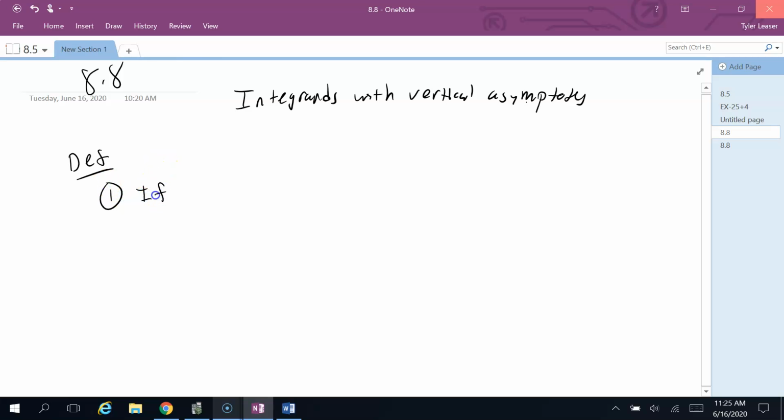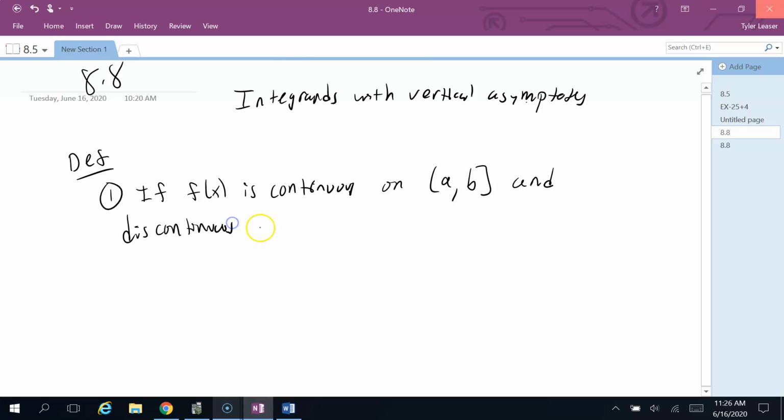If f of x is continuous on the interval not a, but all the way to b, and discontinuous at a, then if you try to integrate from a to b of f of x dx, the problem here is that my lower limit is discontinuous on my function.